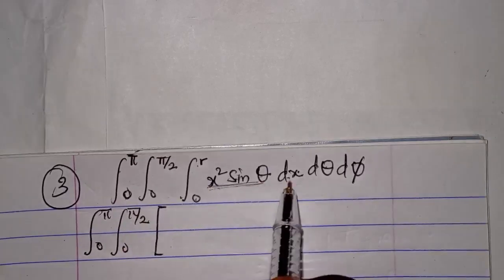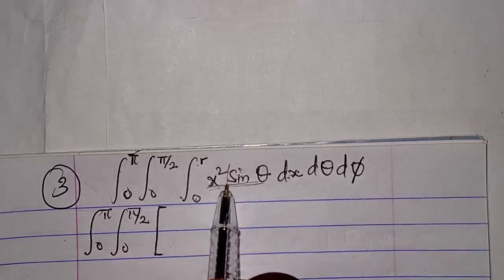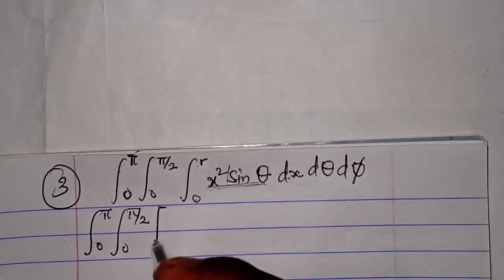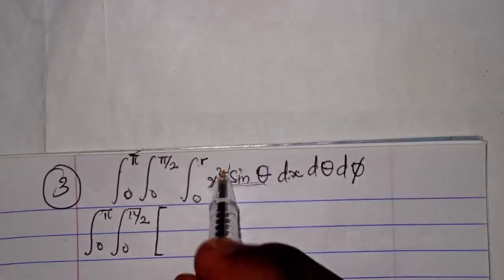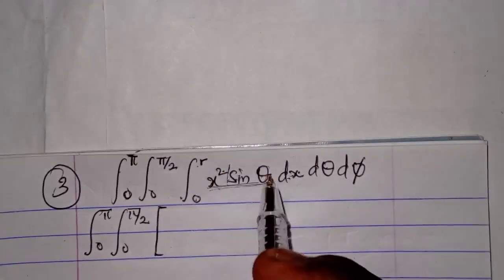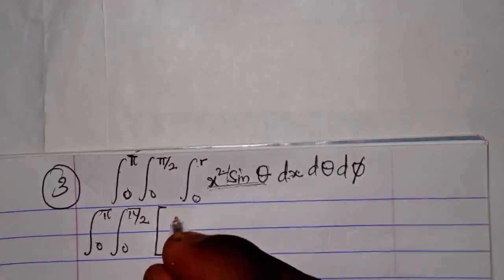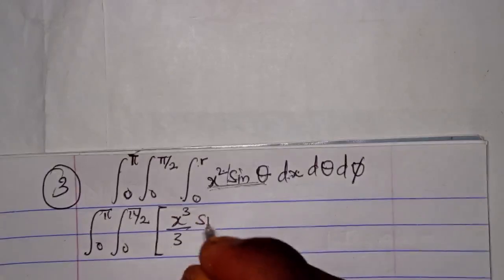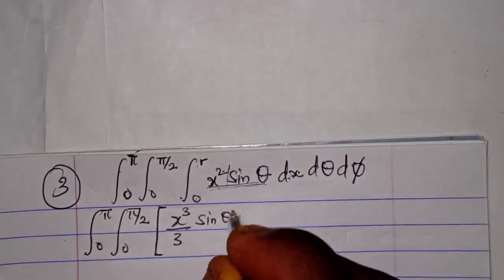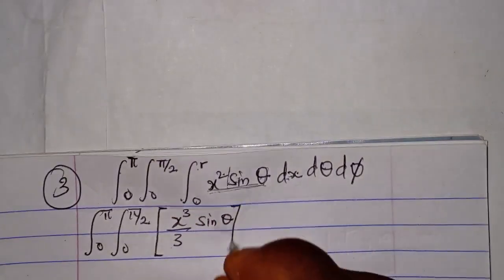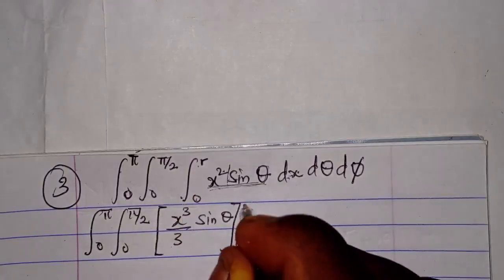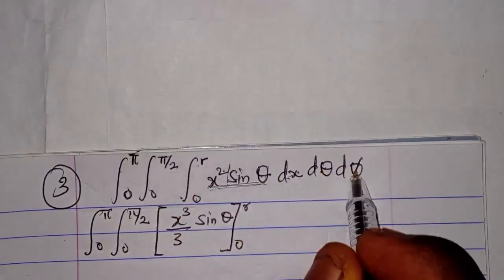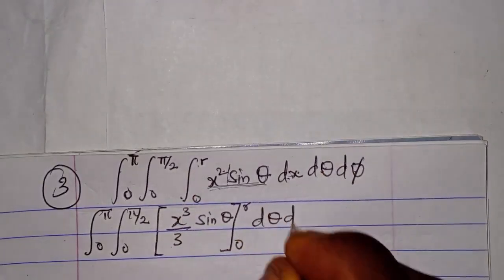Since we are integrating with respect to x, then sine theta will be a constant. So I'll have integrate x squared with respect to x, that's x cubed all over 3 times the sine theta is a constant from 0 to r. Then I'm writing the d theta d phi.